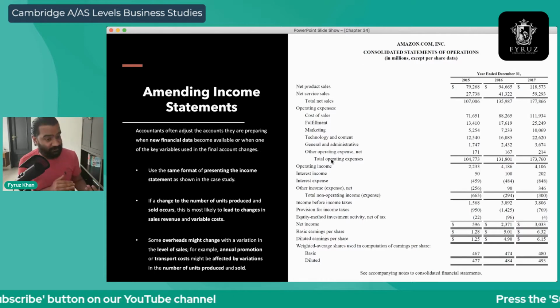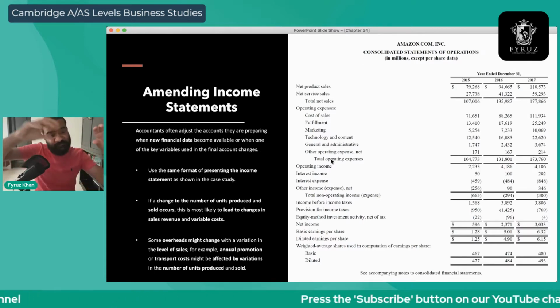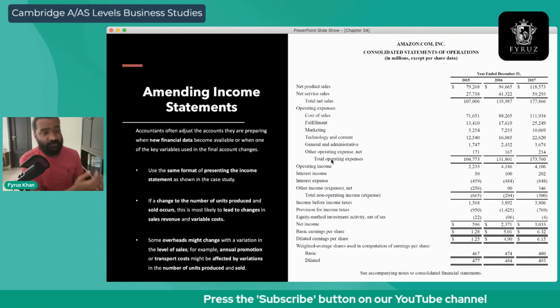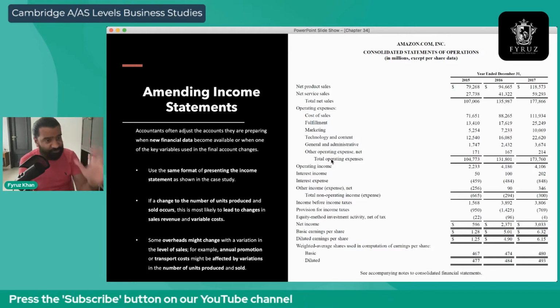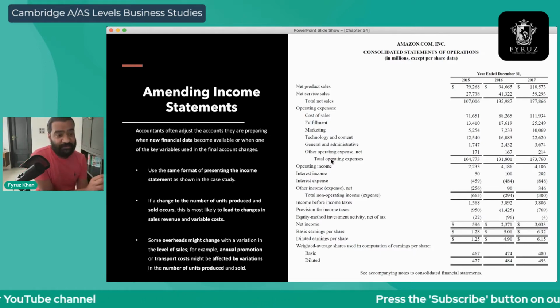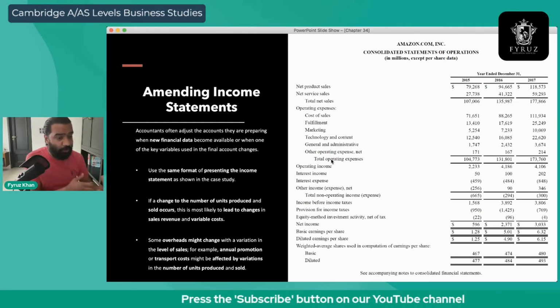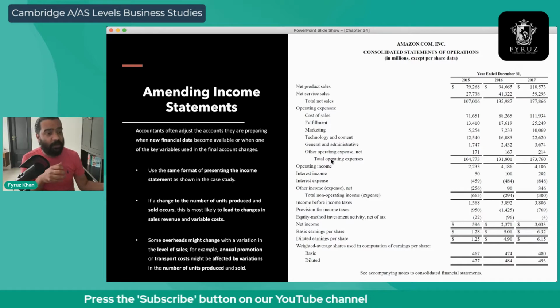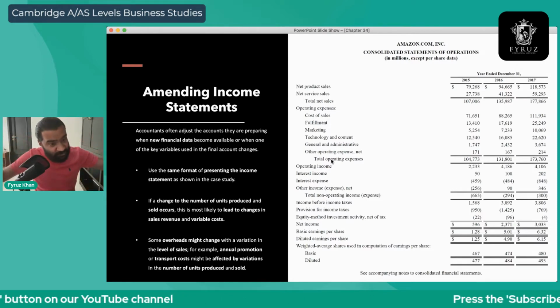Overhead expenses may change, so look at everything. Before you put a figure in, do some kind of analysis, some rough work on the side before touching the main document. Okay, this is the change that we have to make. What are the problems that we can face, or how can you do it without affecting the income statement? Look at the possible scenarios.